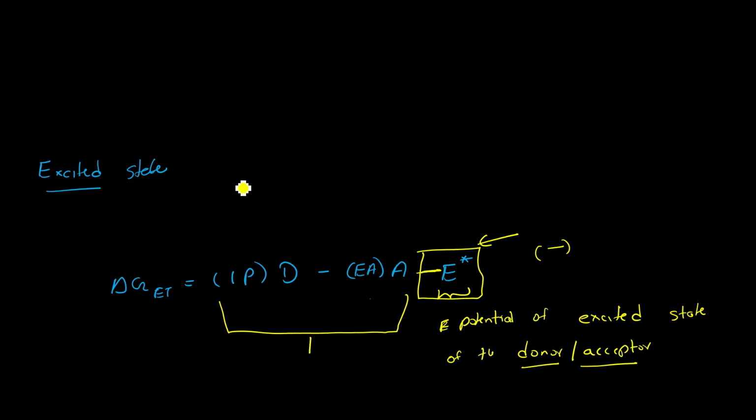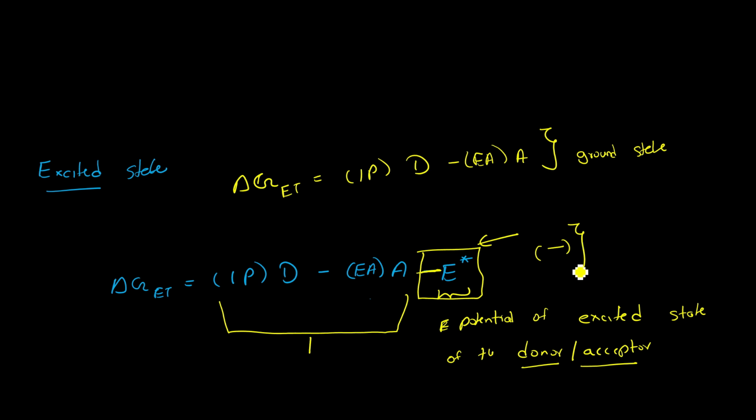So if I write here delta G, this is for the ground state and this is for the excited state. As you can see, in the excited state there's an extra term which is negative.